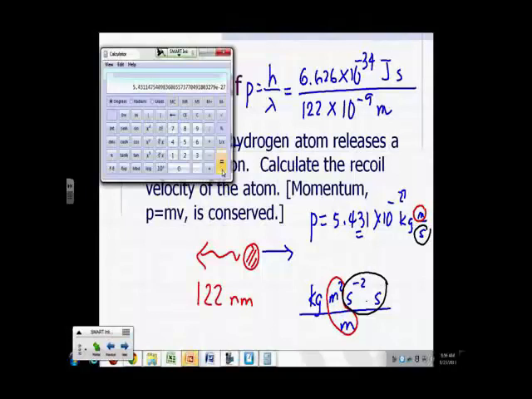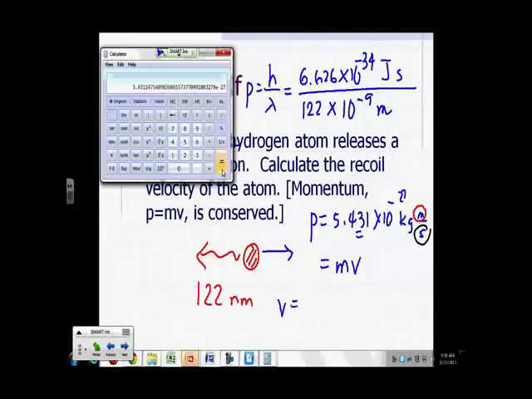That would be the momentum of the hydrogen atom. If the hydrogen atom releases 122 nanometers, it's going to recoil with that momentum. So what's the velocity of the hydrogen atom? You can just say p equals mv.